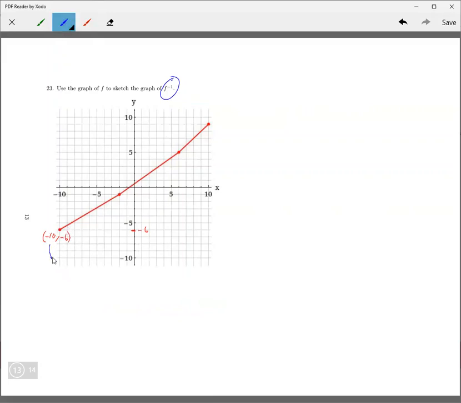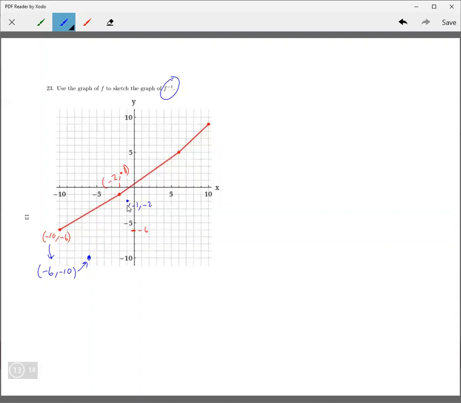So that means that negative 6, comma, negative 10 will be on the graph of f inverse. If we go to negative 6, negative 10, that's this point right here. Likewise, this point right here is negative 2, negative 1. That means this point here, negative 1, negative 2, will be on the graph.